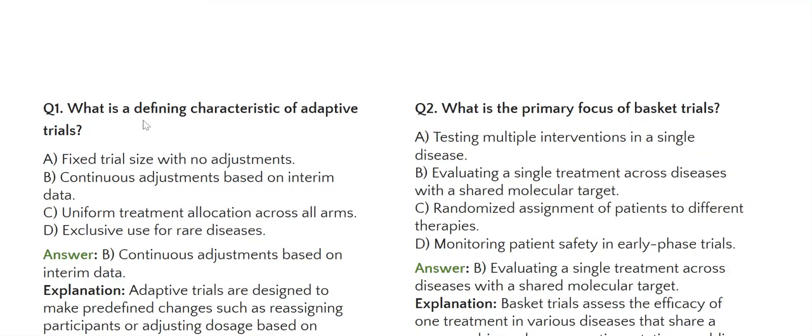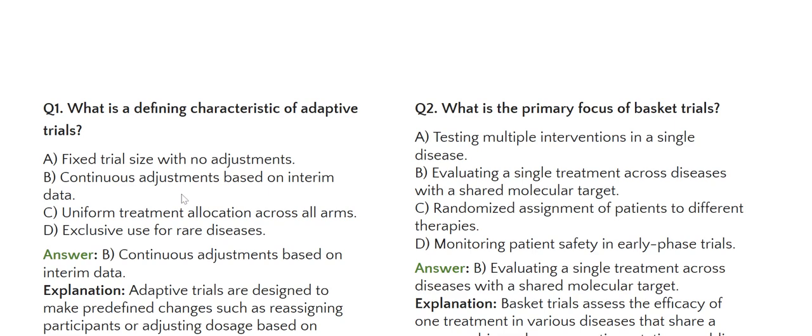Question 1, what is a defining characteristic of adaptive trials? Is it A, fixed trial size with no adjustments, B, continuous adjustments based on interim data, C, uniform treatment allocation across all arms, D, exclusive use for rare diseases?